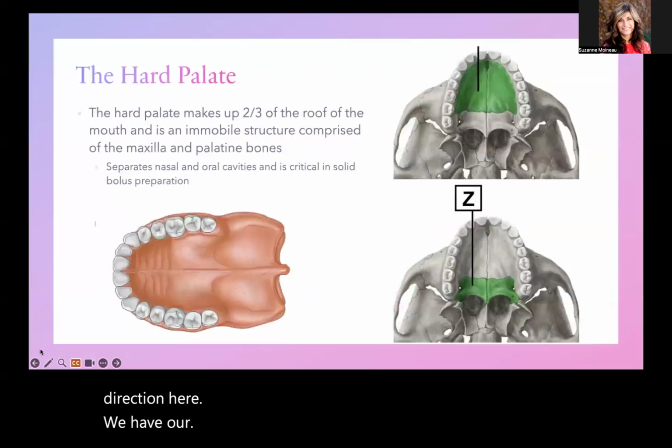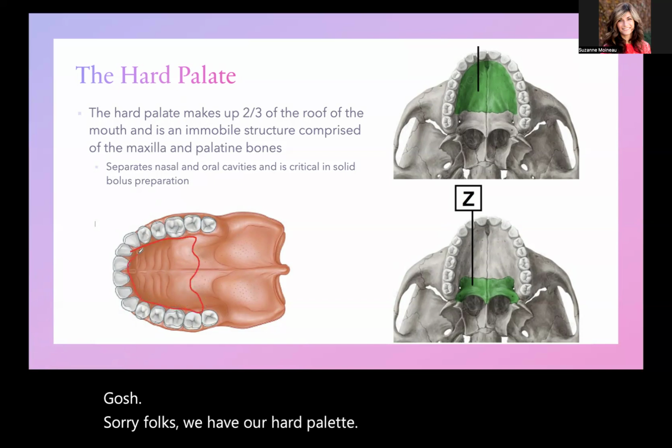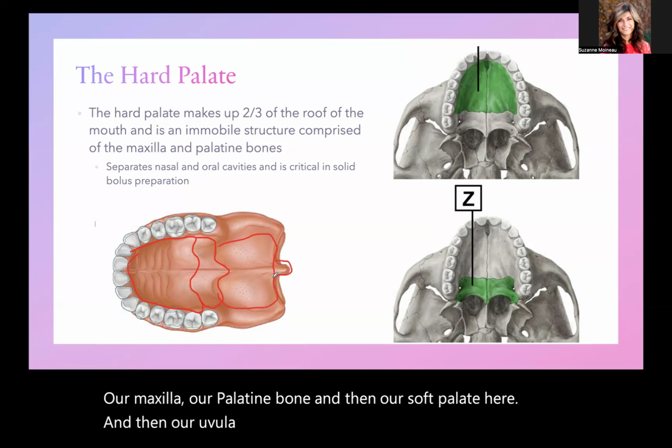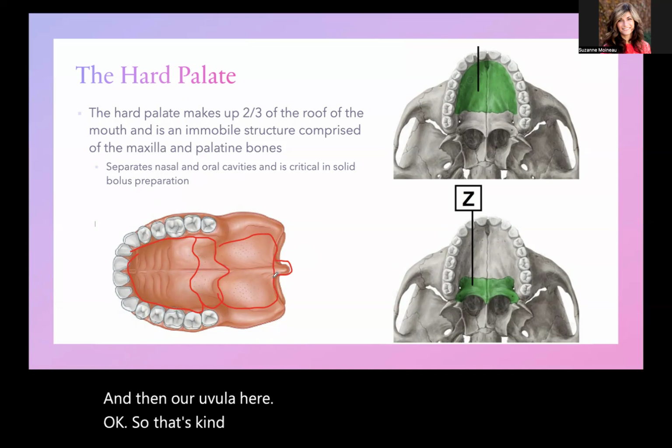We have our hard palate, our maxilla, our palatine bone, and then our soft palate here, and then our uvula here. Okay, so that's kind of what that's going to look like.